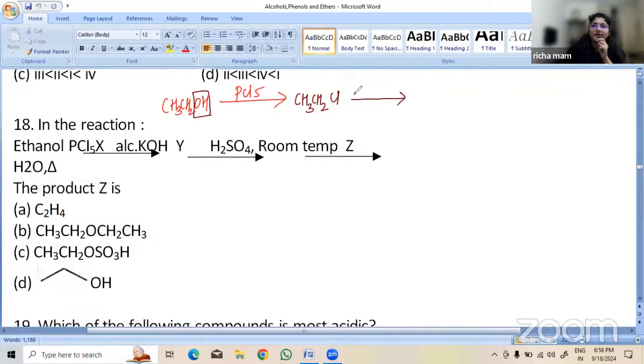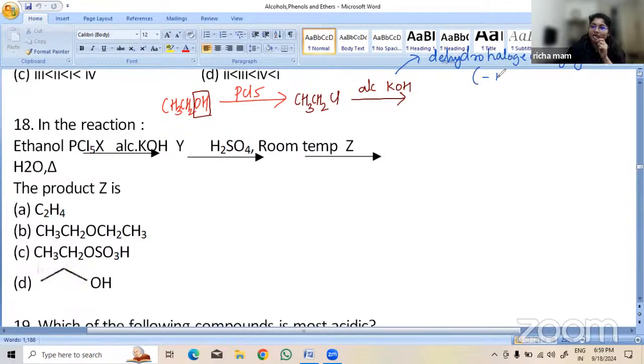Now further, we are treating it with alcoholic KOH. When you have an alkyl halide and you treat it with alcoholic KOH, this is a dehydrohalogenating agent.